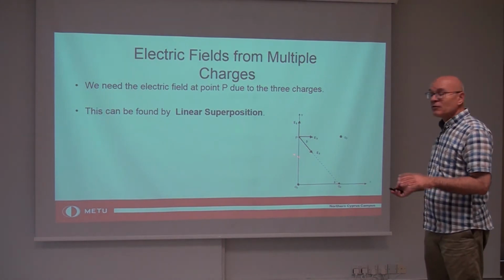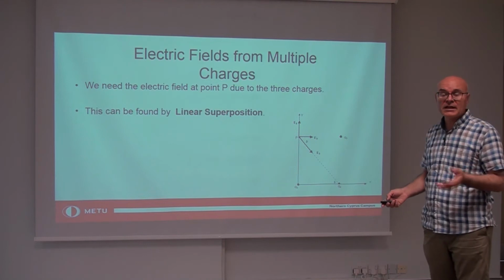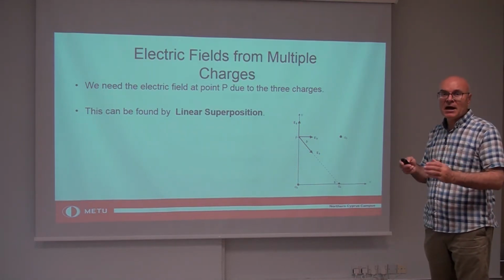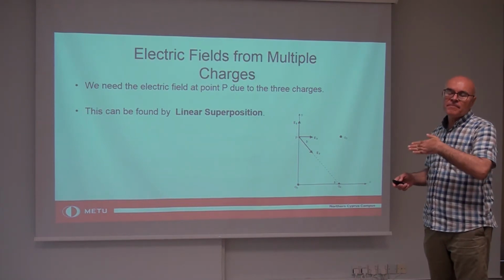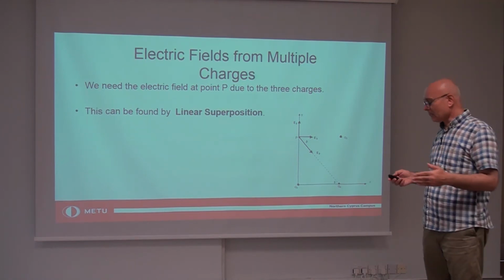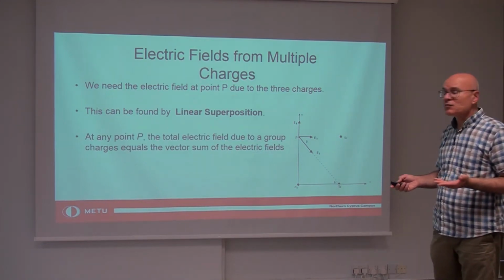Then we find that of Q2 assuming the others do not exist, and we find that of Q3 assuming that the other two do not exist, and then we add them up linearly. But since they are vectors, this will be a vector sum. So this is the idea of linear superposition.